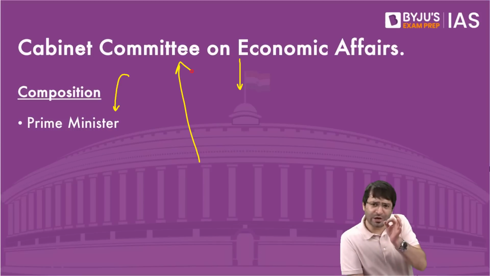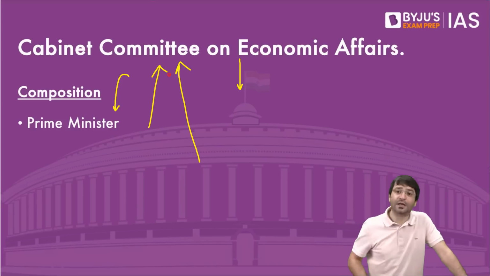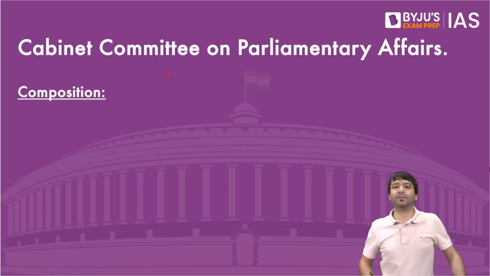Long story short, any economic decision which the government takes is basically taken by this Cabinet Committee on Economic Affairs. Then we have the Cabinet Committee on Parliamentary Affairs.